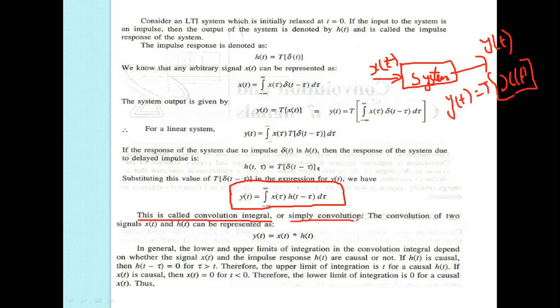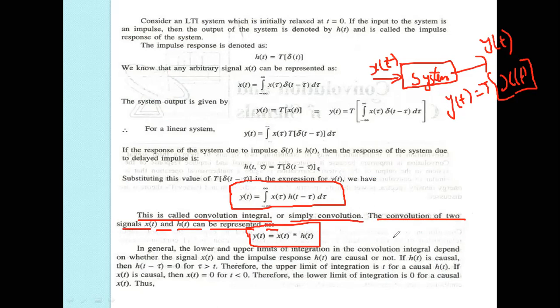or simply convolution. The convolution of two signals x of t and h of t can be represented as y of t is equal to x of t, with this symbol of convolution, my students, the asterisk, we can call it x of t convolved with h of t.